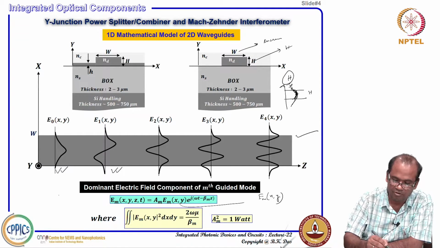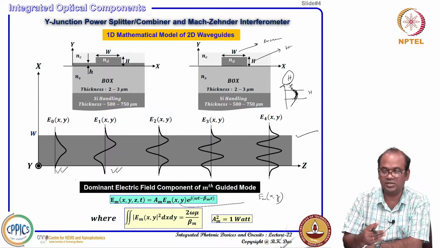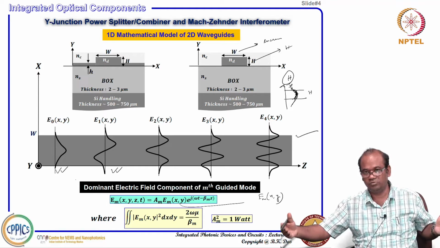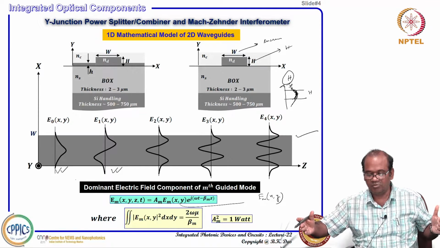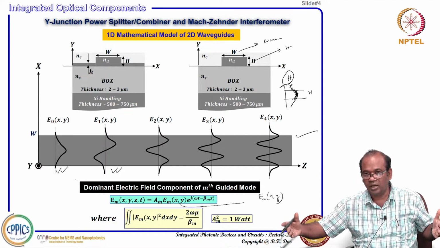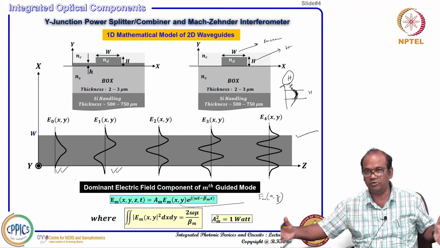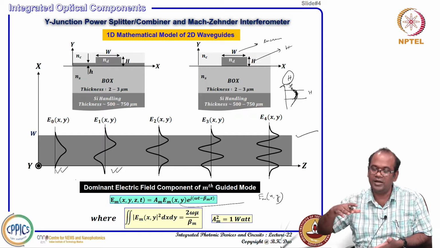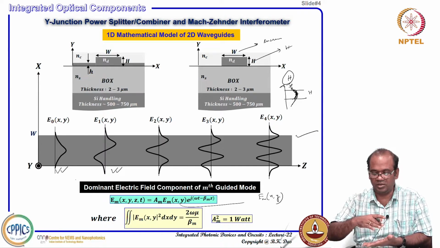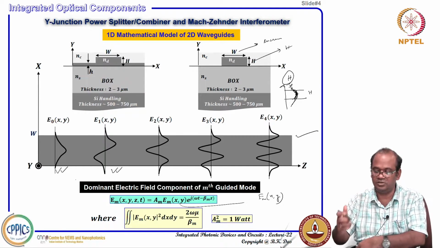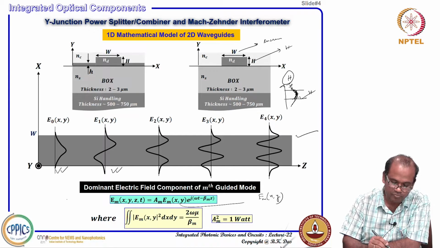But along the x direction, because the width is allowing multimode, more width means more number of modes, more nodes and antinodes along that direction. But in the y direction, since it is a fixed thickness, we can assume that the field distribution is like this.